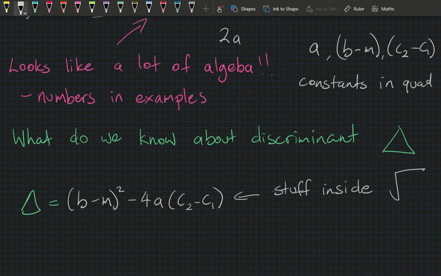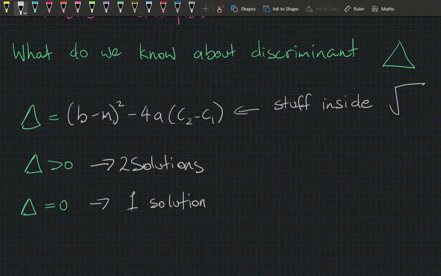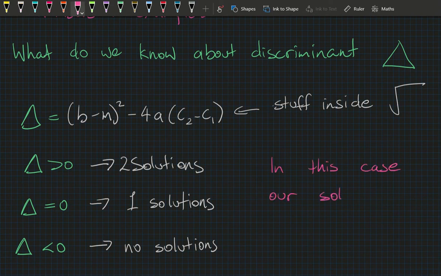And as we've covered many times in this unit already, if that discriminant is greater than 0, our quadratic equation has 2 solutions. And if it's equal to 0, we have 1 solution. And if it's less than 0, we have no solutions. And don't forget that in this case, our solutions will be intersections. So if you think back to that GeoGebra applet, we're finding solutions to that blue quadratic, okay?